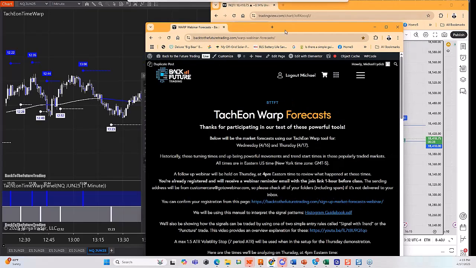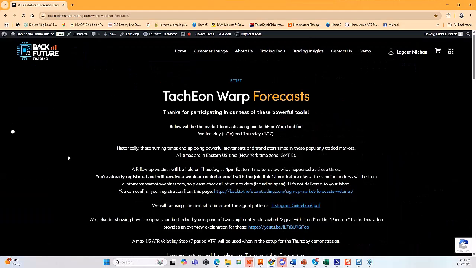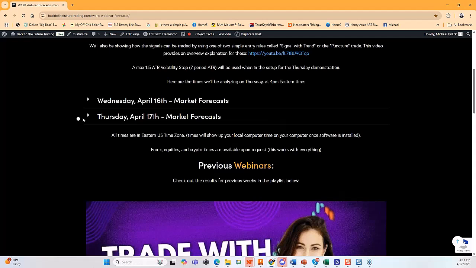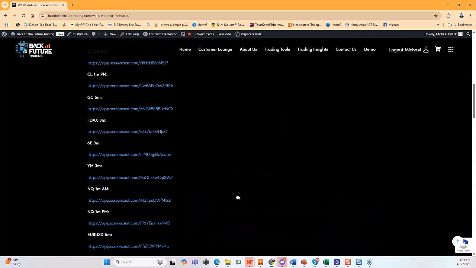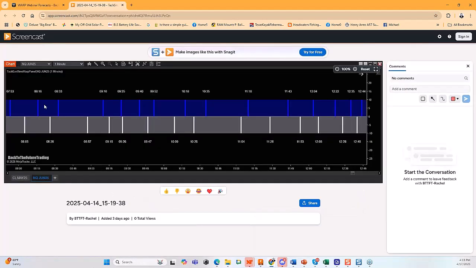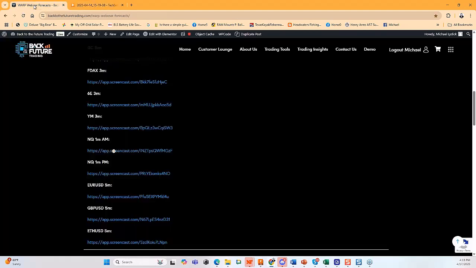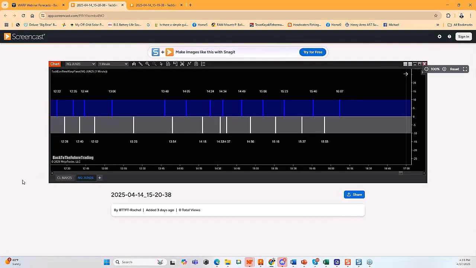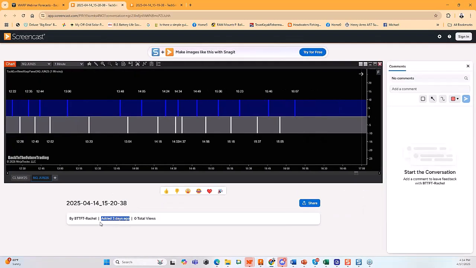And what's interesting about this chart is I gave out the times for today days ago. If you look here, the NQ 1-minute chart signals for today were uploaded 3 days ago. The times for the morning and the times for the afternoon were loaded to the web 3 days ago.